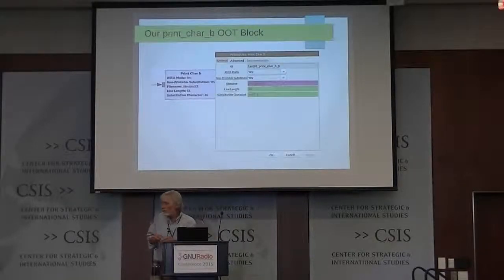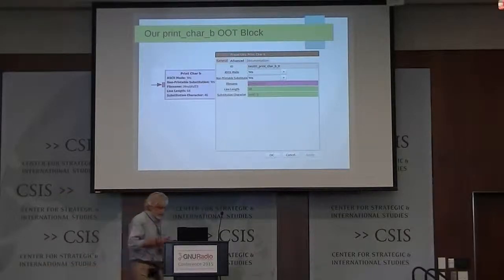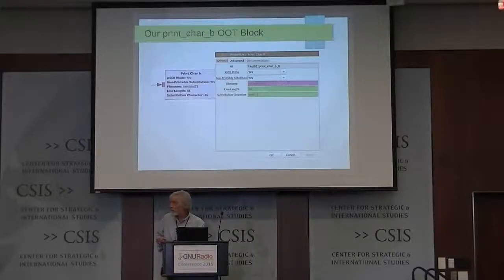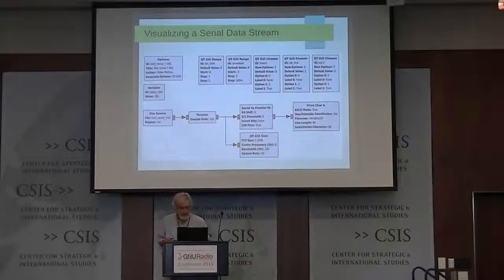Okay, and so we built a block which does that, basically a print character block, which will allow us to use that. This is Endo Modo, the baud rate kind of guy.